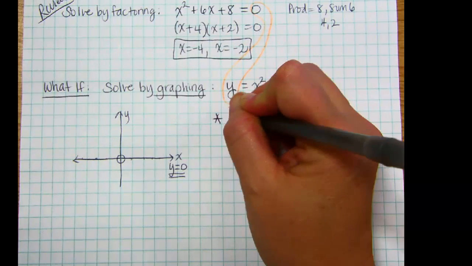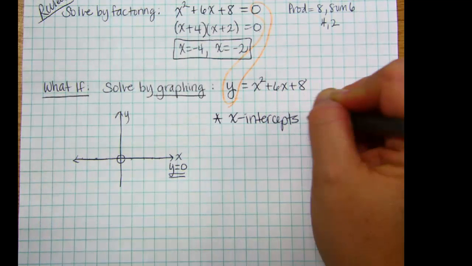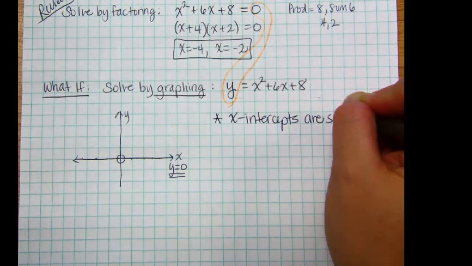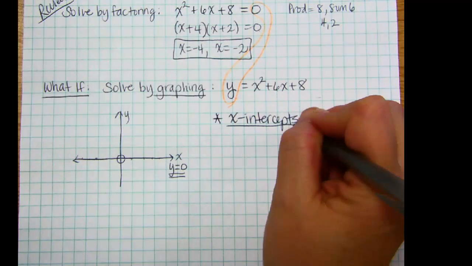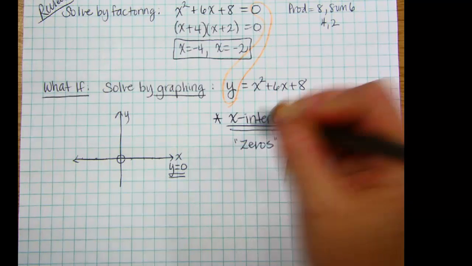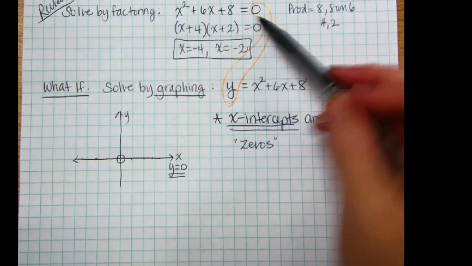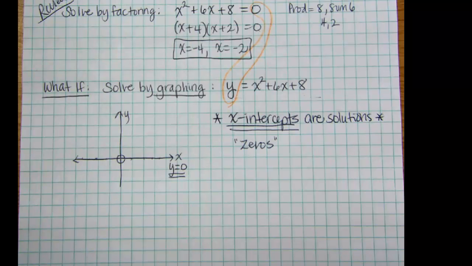So the x-intercepts are the solutions. Sometimes we call x-intercepts zeros because it's where y equals 0. And so we pay attention to that. Okay, so that's the real key idea, is that your x-intercepts are the answers when you're solving a quadratic by graphing.